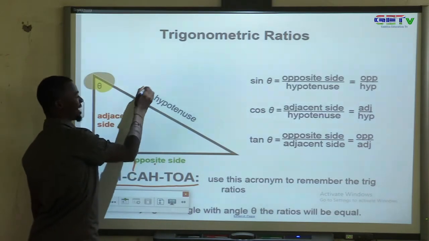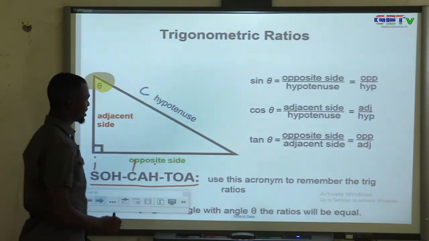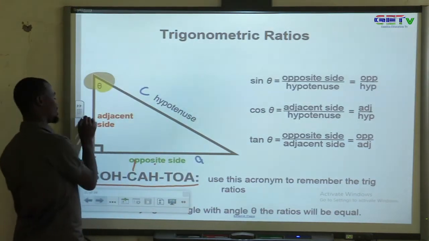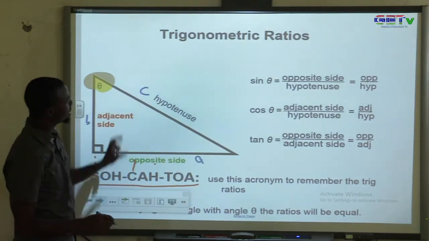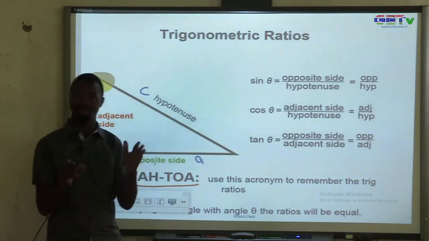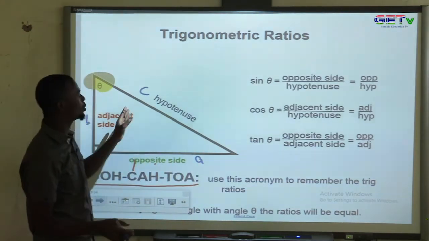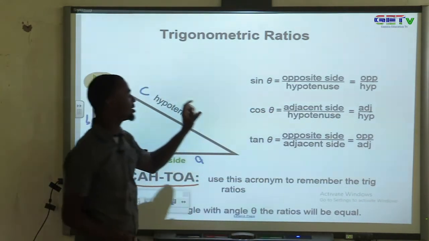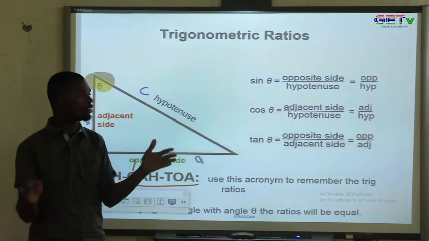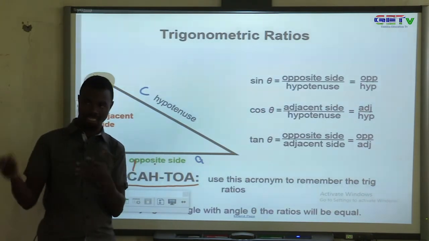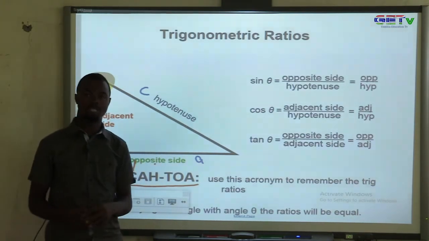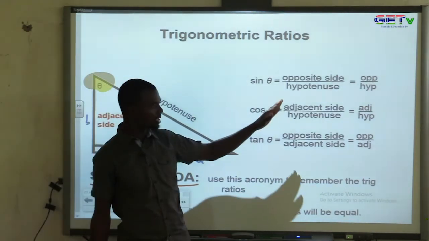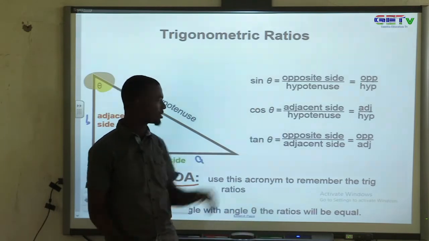I am labeling it as C, the opposite as A, and this one as B. Whatever value is on the hypotenuse is what you put at this end here. The hypotenuse is abbreviated as HYP, and opposite is abbreviated as OPP. So sine theta is opposite over hypotenuse.